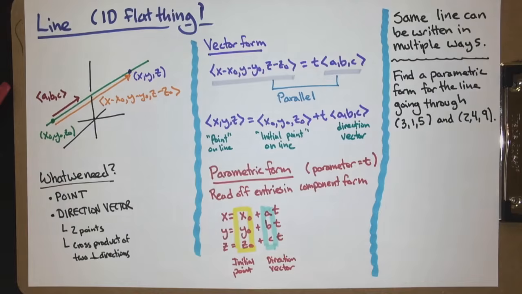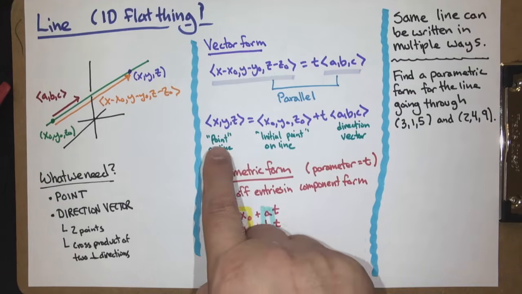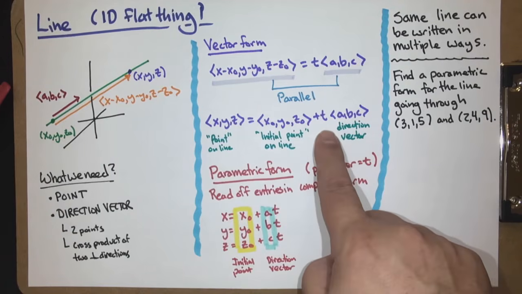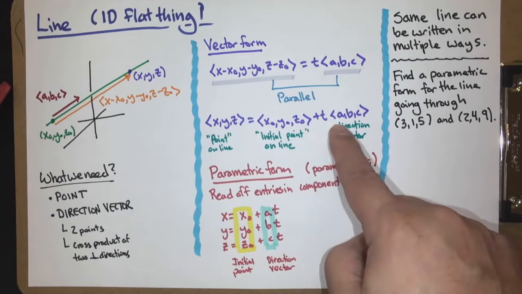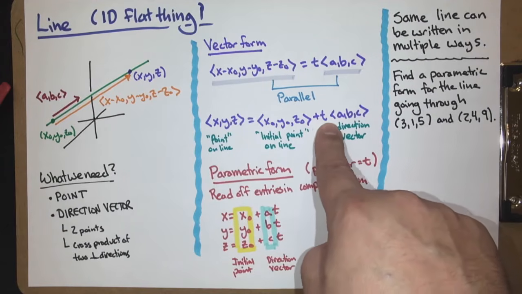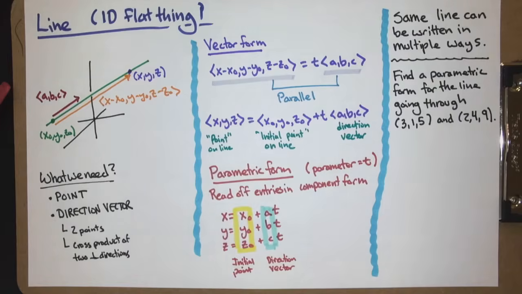So we can oftentimes interchange a point and a vector. We just have to make sure we're comfortable with that switch. So for any point on the line, you start at your initial point and you travel some direction. Well, you travel in the direction vector some amount. So every point can be described that way. So that's the vector description.